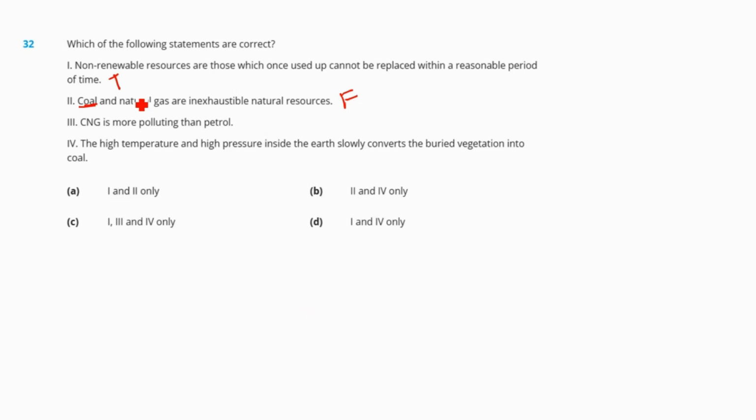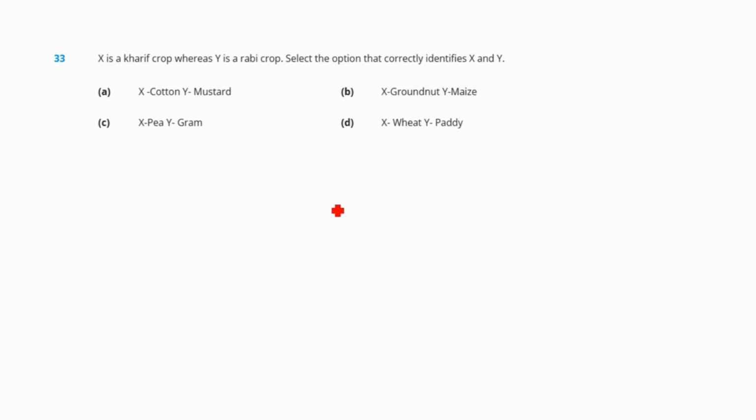This is incorrect. This is false, right? And the higher temperature and the higher pressure inside the earth slowly converts the buried vegetation into coal. This is correct. So this is the reason why we are getting coal now, right? It is because of the high temperature and pressure inside the earth that has slowly converted the vegetation into coal that we are getting as a natural resource now. So the first statement and the fourth statement is correct. So our correct answer is option number D.